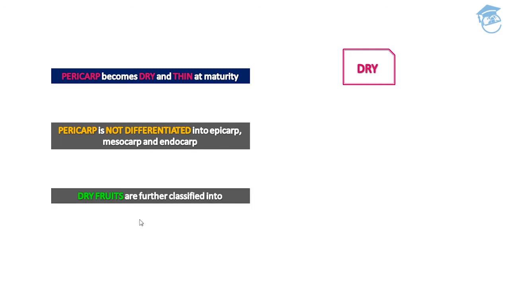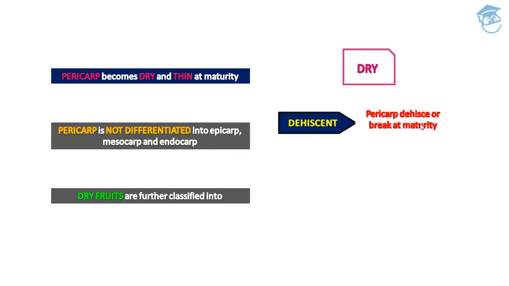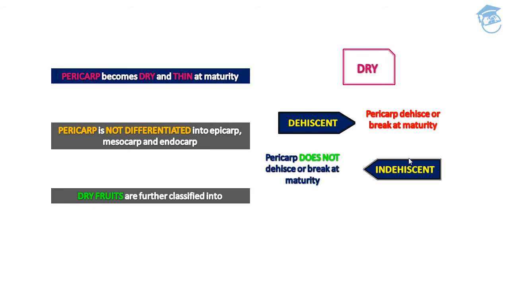And dry fruits are further classified into dehiscent, wherein pericarp just dehisces or breaks at maturity, and another is indehiscent fruit wherein pericarp does not dehisce or break at maturity. Okay, so dry fruits are of two types: dry dehiscent fruit and dry indehiscent fruit.